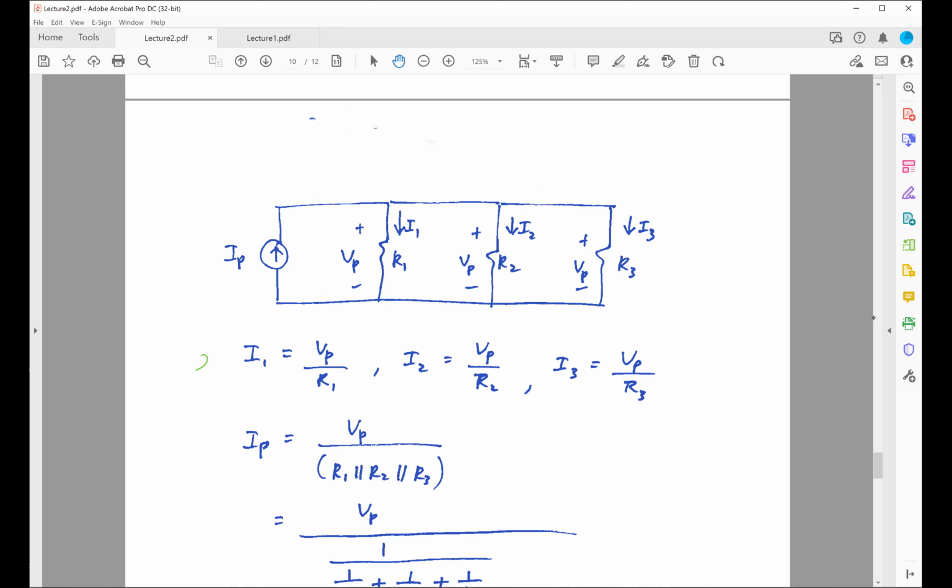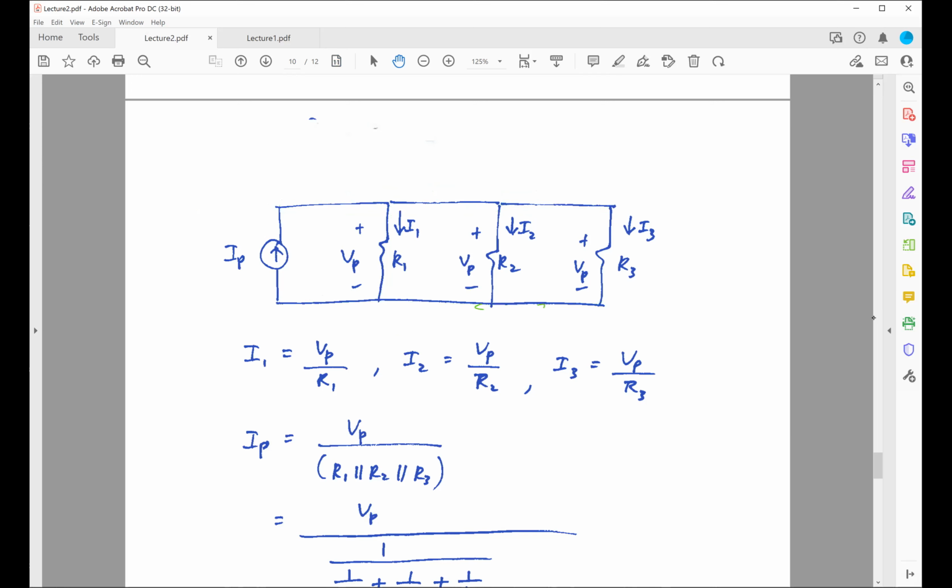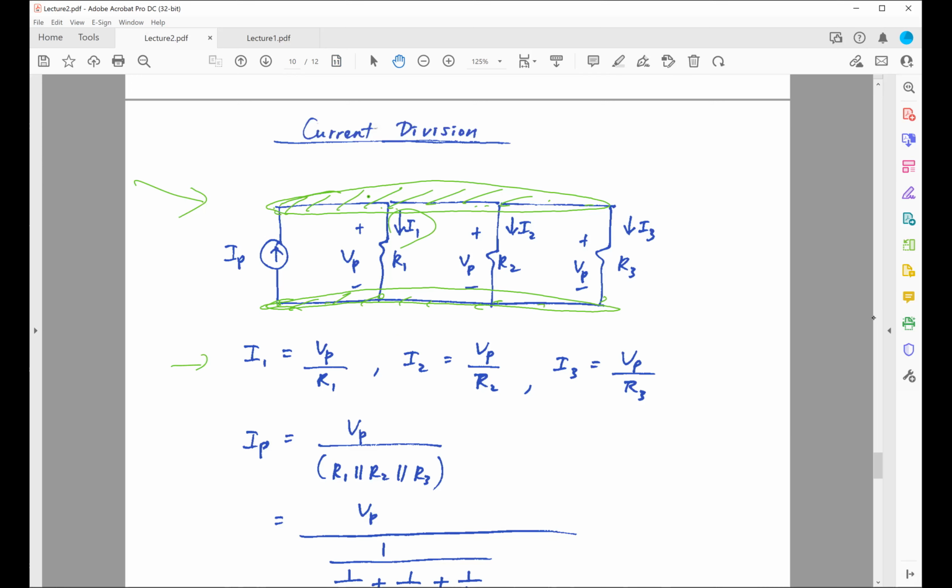So the current I1 passing through R1 is equal to the voltage drop across these 2 nodes, which is Vp, and is always Vp, divided by R1. This is just simple Ohm's law, V over R is equal to I. I2, same thing, Vp divided by R2. I3, Vp divided by R3.